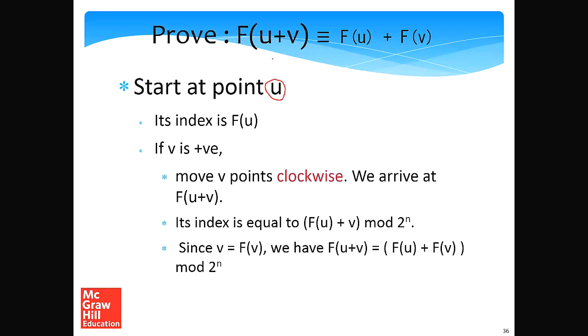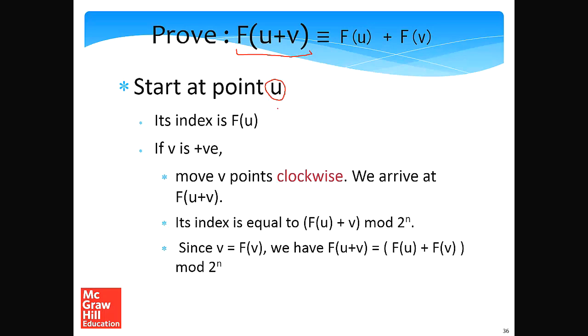What we want to prove is a basic rule for addition: that f of u plus v, where we are adding two numbers, their representation on the number circle, is the same as fu plus fv. This basically means that we can add the representations of u and v. We can just do a simple binary addition, and that will be the representation of u plus v.